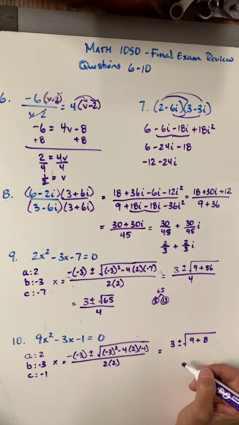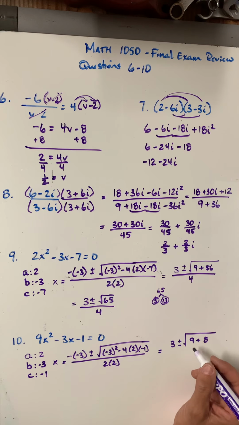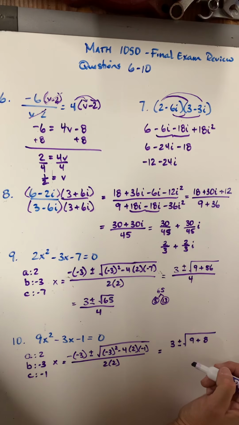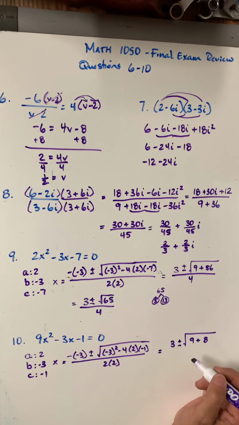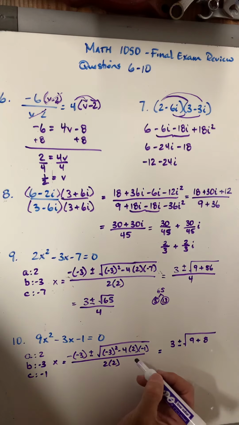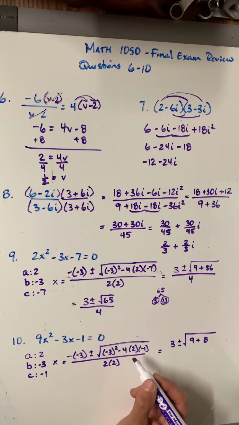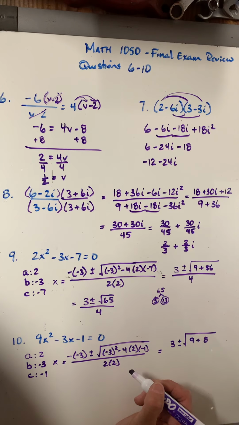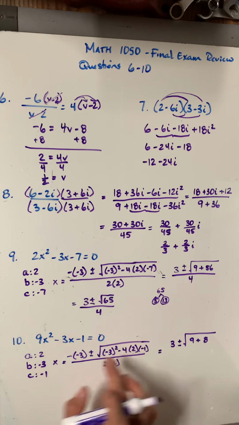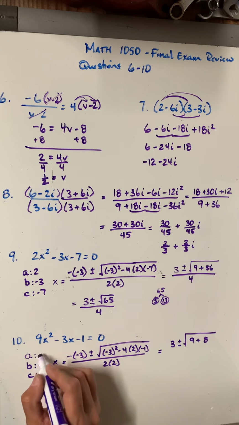Wait, did I write that down wrong? I think I wrote that down wrong. B squared minus 4AC. I'm sorry, A is 9.